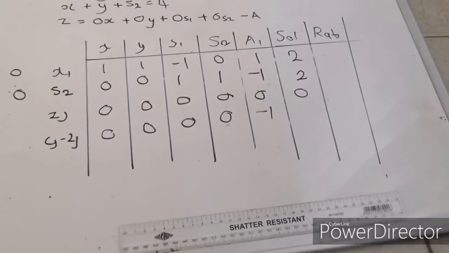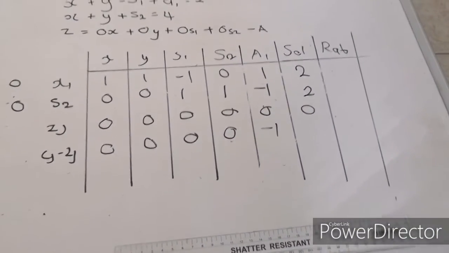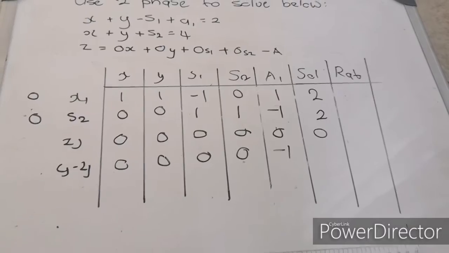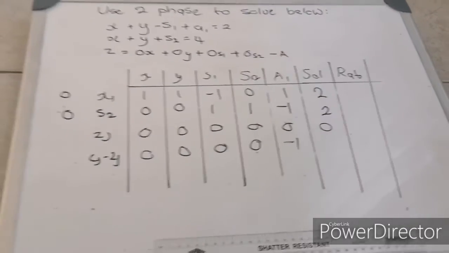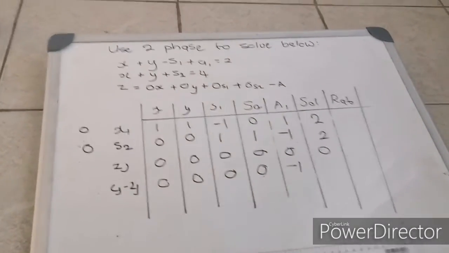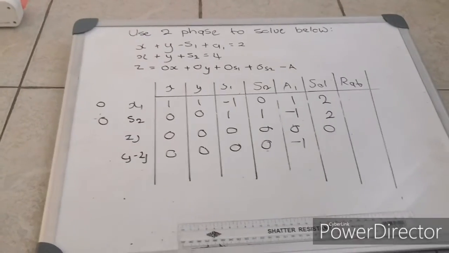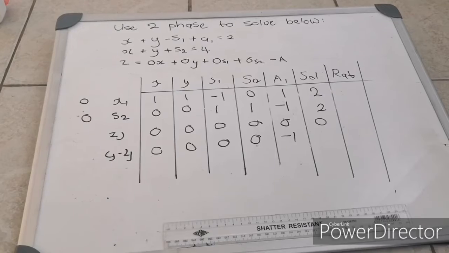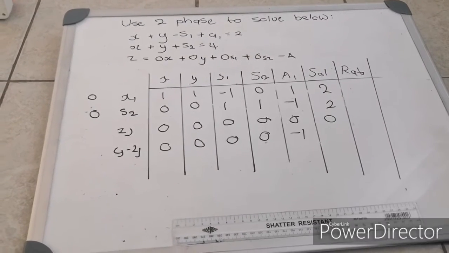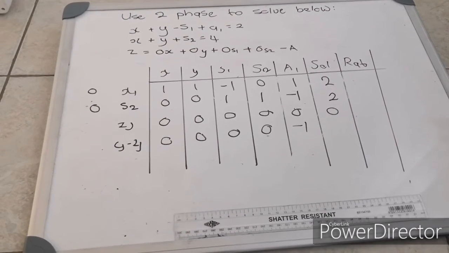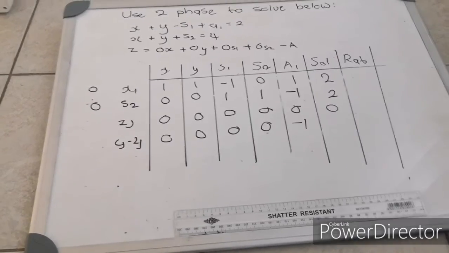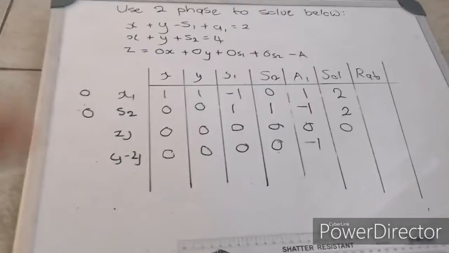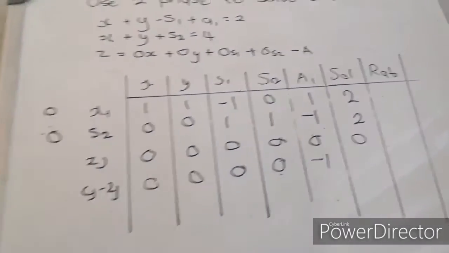Okay, because A1 was our leaving variable, the leaving variable would be the row, your pivot row, and your entering variable would be your column. So in this case, because A1 was our leaving variable, we've eliminated it and replaced it with x1.